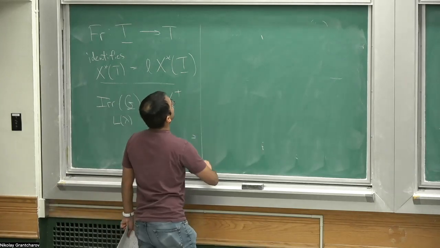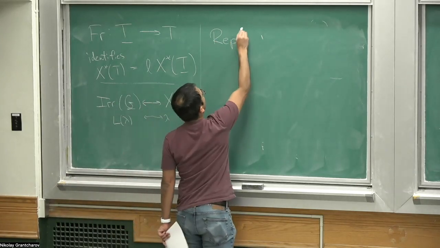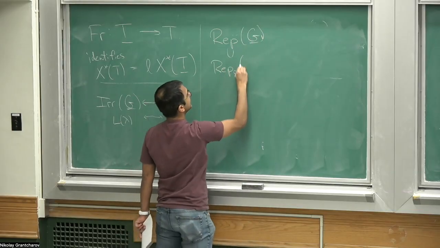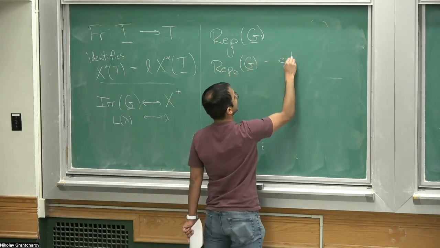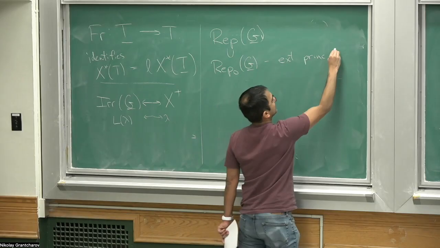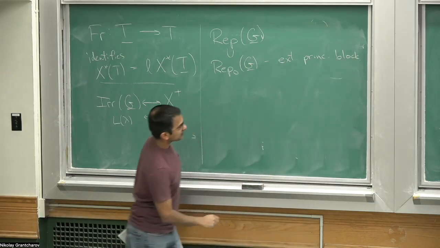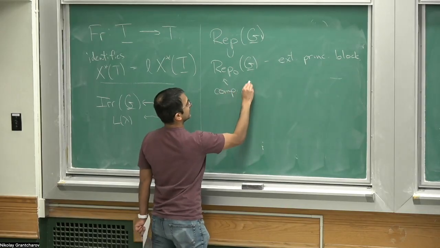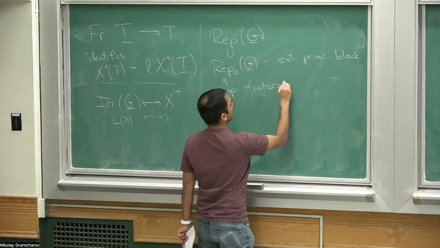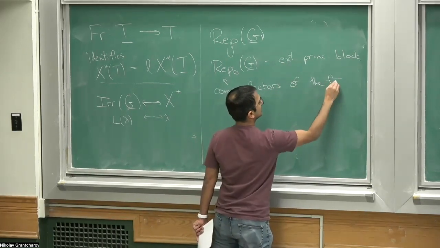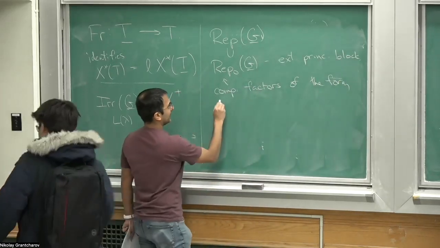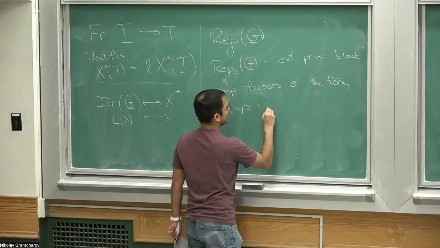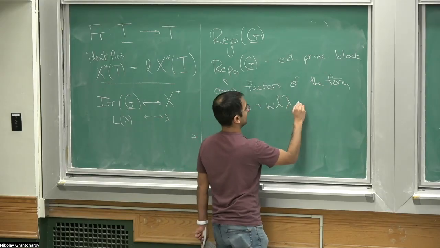And inside Rep underline G, I'm going to look at Rep 0 underline G. So this is, again, the extended principal block. And now the composition factors are of the form L of W rho plus W L times lambda minus rho.